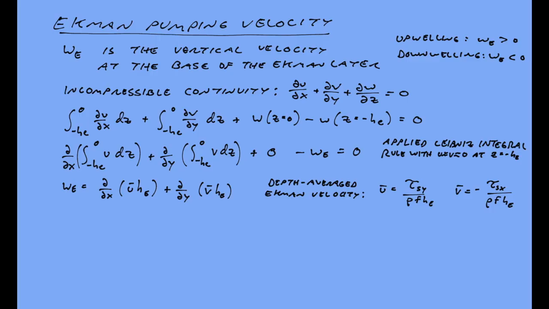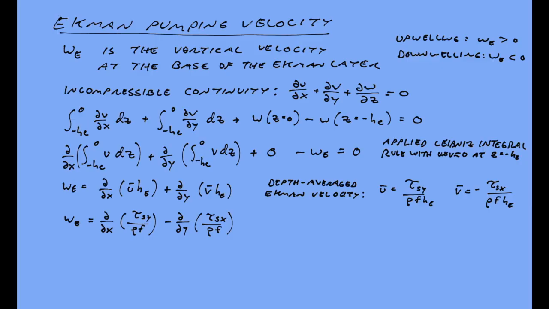I know from the momentum balance that the depth average Ekman velocity in the x direction, u bar, equals tau_sy, the wind stress in the y direction, divided by rho f h_E, and v bar, the Ekman velocity in the y direction, equals negative the wind stress in the x direction, tau_sx, divided by rho f h_E. And the rho, that's just a density that we use. It can be a constant density. We don't have to worry about its variations here.